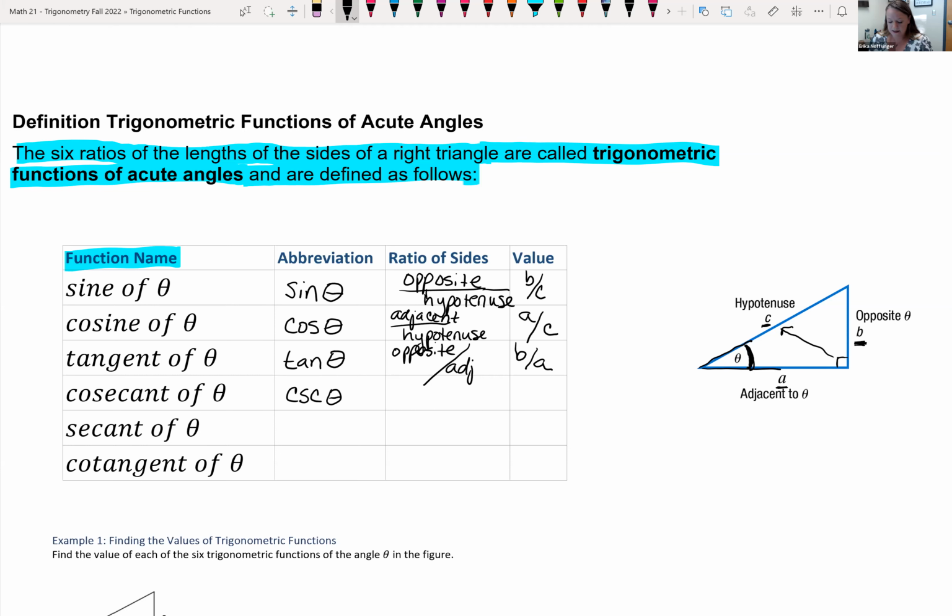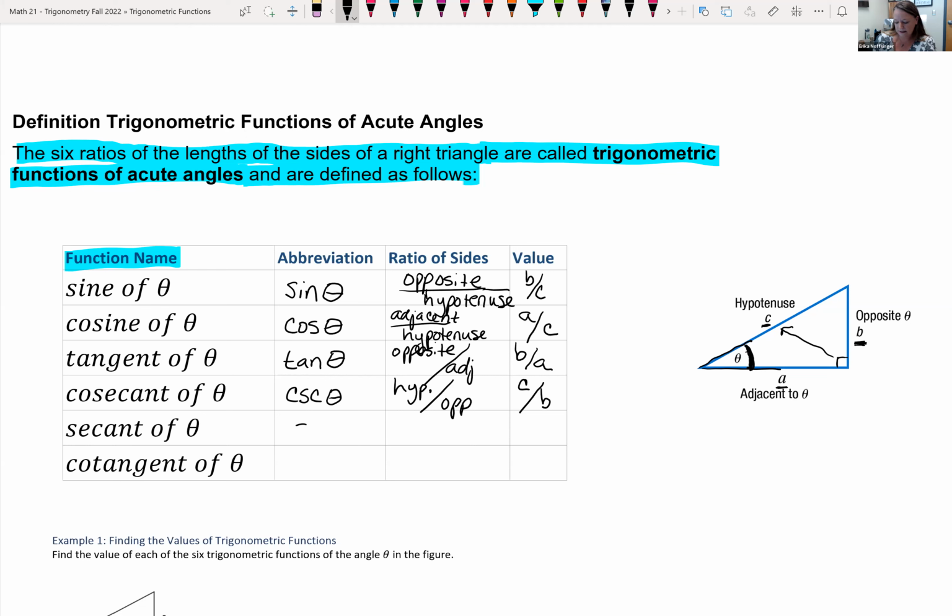Cosecant theta is, I have to think about this, hypotenuse over opposite. So the hypotenuse is length C, and the opposite from angle theta is B.